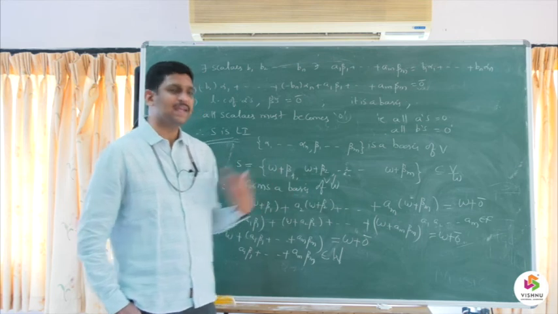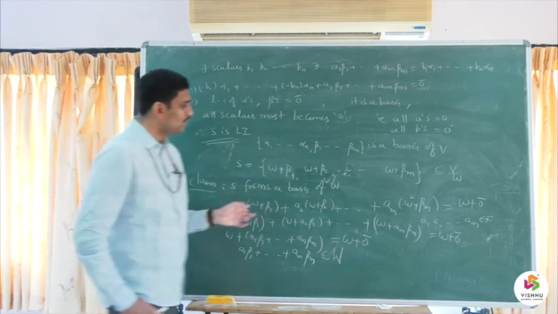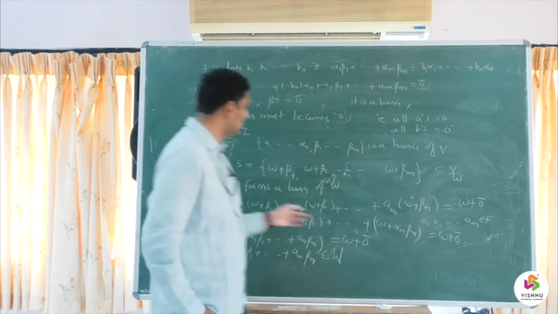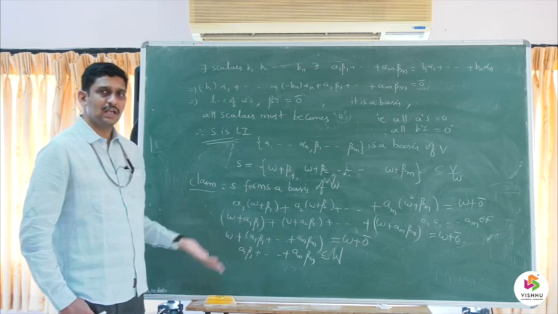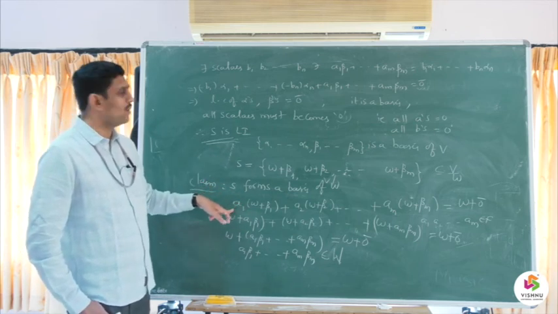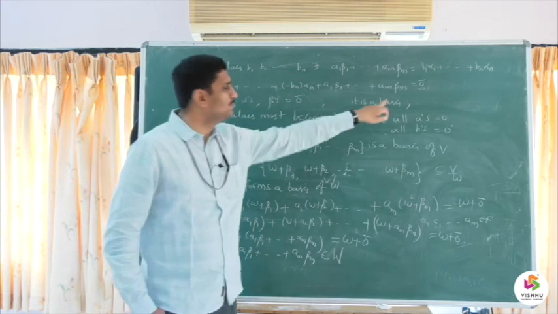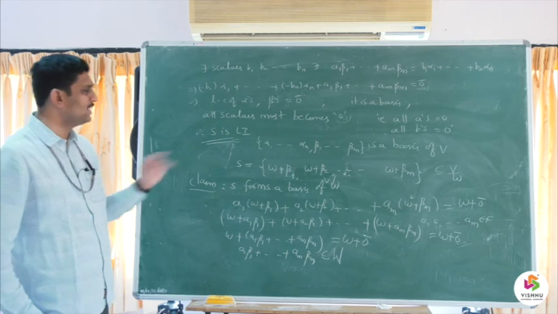Two, a spanning set. Now, I want to prove the linear independence. How do we prove it? We write a linear combination and make it equal to 0. On simplification, I got that whatever scalars I have taken in this linear combination, all become 0. Hence, I confirm that this is a linearly independent set.